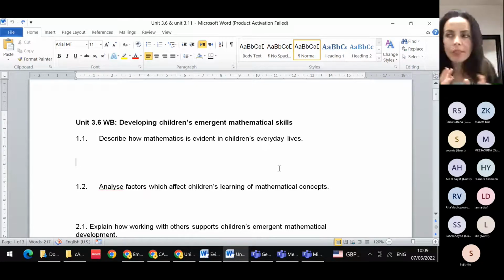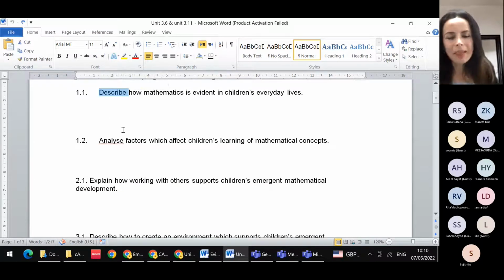So what we need to do is focus on any word that says describe. We need to describe it. We need to say why we're using this and how, and we need to talk about it more. If it says describe, analyze, or explain, whenever you see these words, please explain more.